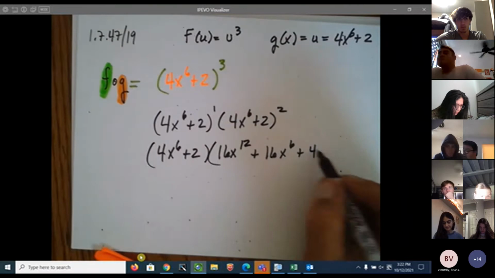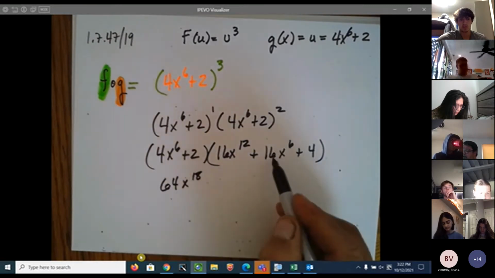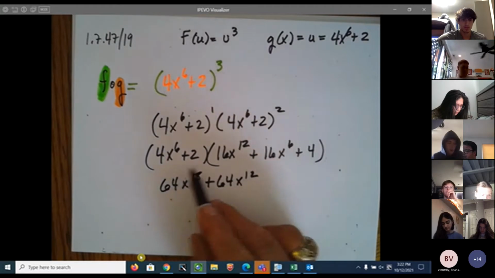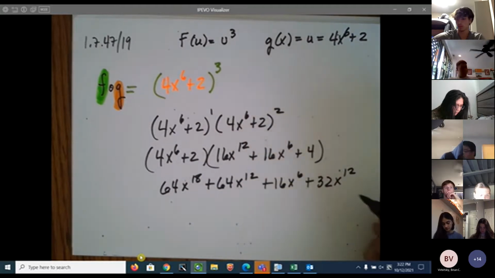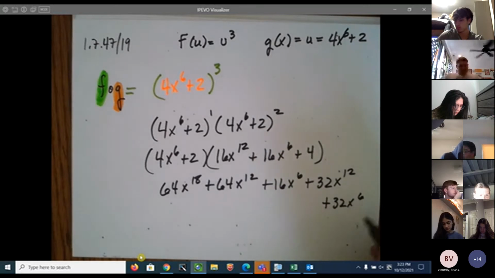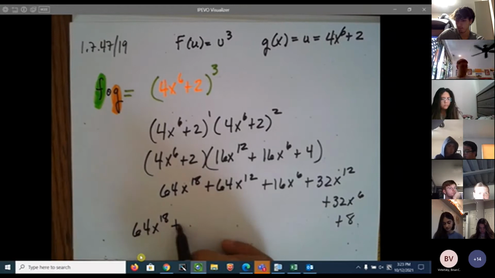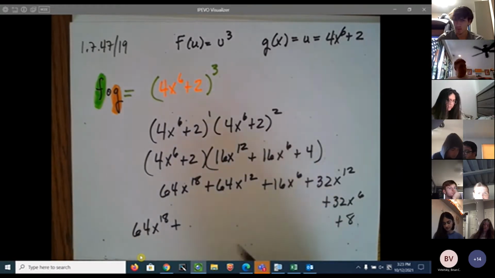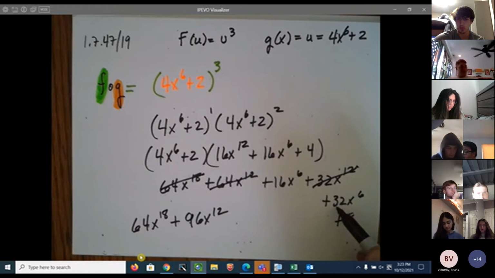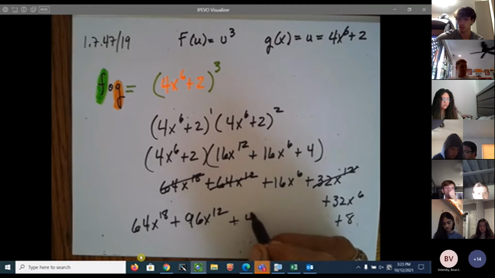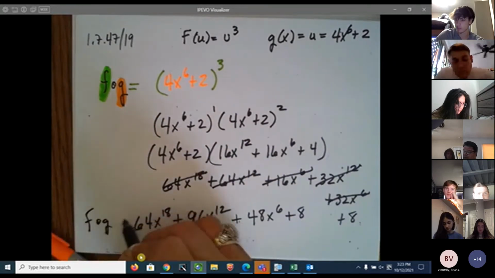And then you got to, oh my Lord, that'd be 64x to the 18th, 64x to the 12th. 4 times 4 is 16x to the 6th plus 32x to the 12th plus 32x to the 6th plus 8. 64x to the 18th plus, what's 64 and 32? 96. 96x to the 12th, 48x to the 6th plus 8. And that's f composed of g.